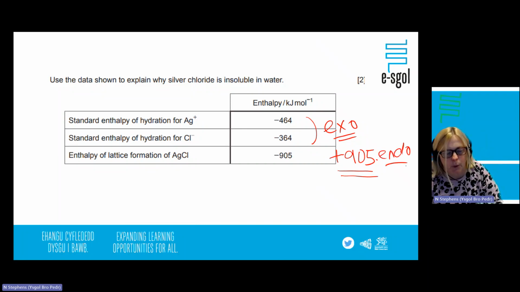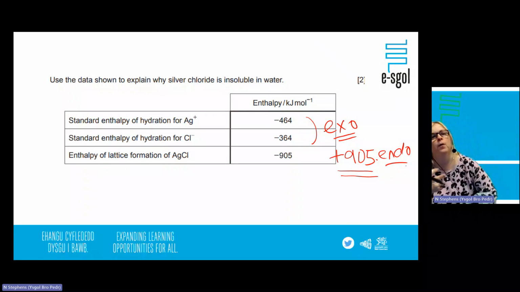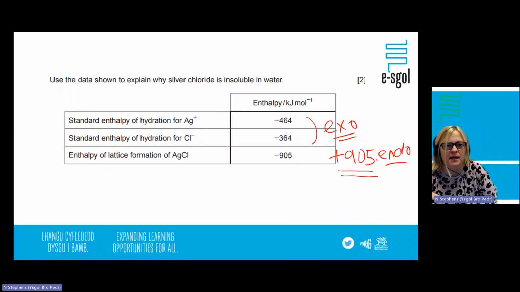So don't forget that the solution requires two distinct processes: the endothermic breaking of the lattice, as opposed to the exothermic process, which is the hydration of those ions once formed.